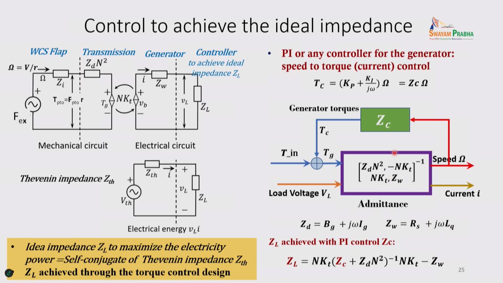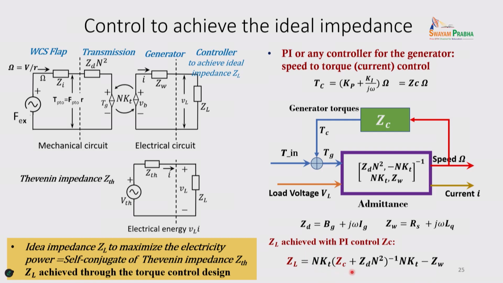Anyway, what I mean is, you give velocity and you control the torque, and you want to achieve the closed loop voltage current relationship. The closed loop voltage current relationship is the impedance ZL, right? Now you write a closed loop based on this.